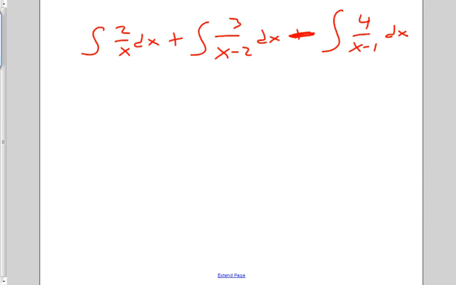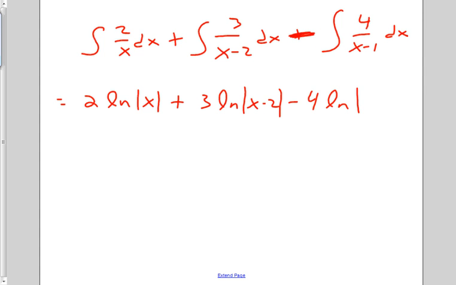So now we just need to take each of these integrals, and again, we're using ln, so we're going to get 2 times ln of x plus 3 times the ln of x minus 2 minus 4 times the ln of x minus 1 plus C. Once again, we're going to use that power rule.